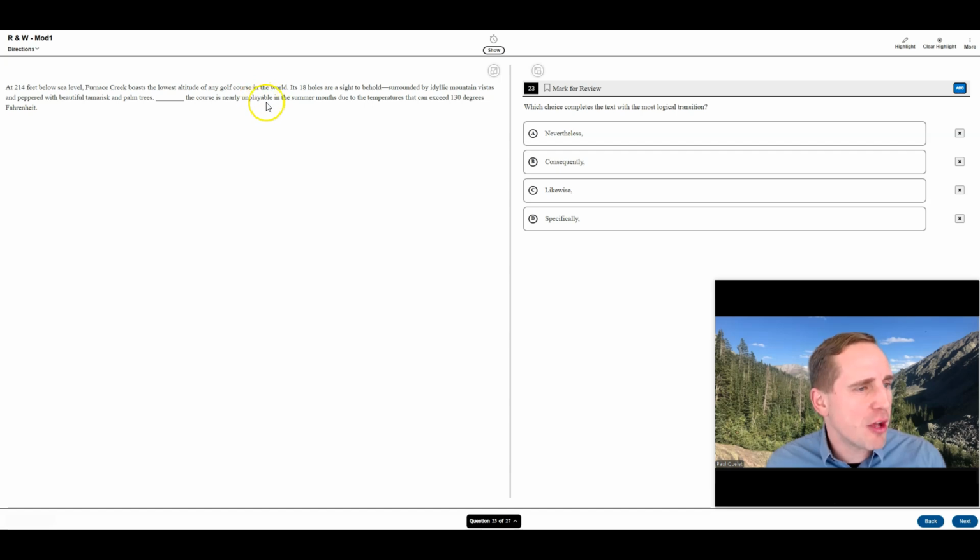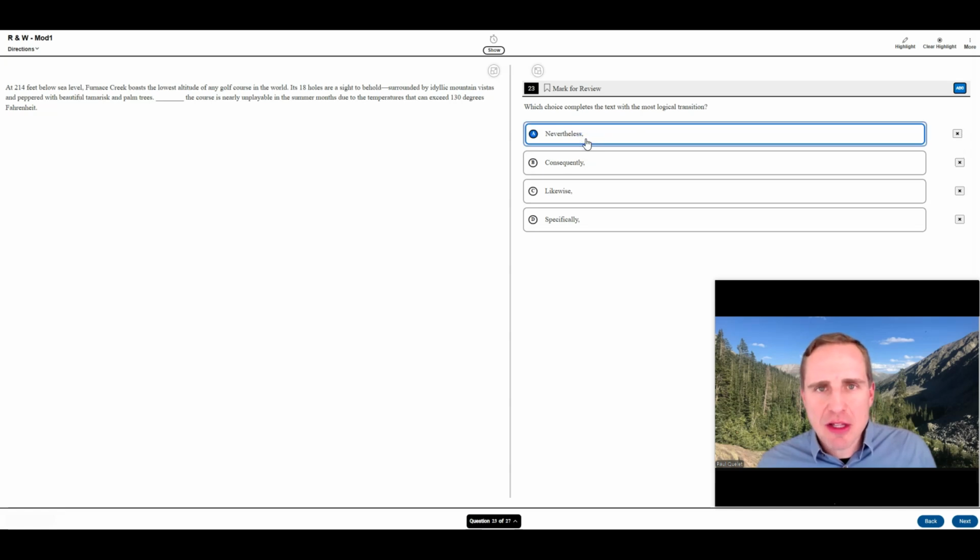Blank, the course is nearly unplayable in the summer months due to temperatures that can exceed 130 degrees Fahrenheit. Are we going to say nevertheless, consequently, likewise, or specifically? Likewise would be going with what the previous sentence is talking about. Consequently would be having to do with what creates the warm summer months. Do we say nevertheless?